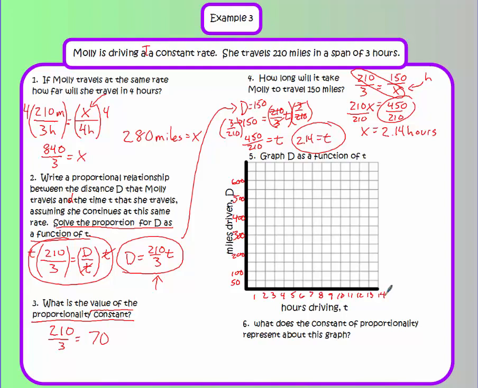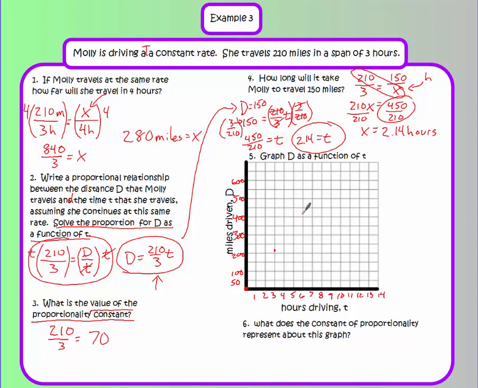All right, so how can we graph this? We can do it the easy way. If I go 3 hours, I've gone 210 miles, so somewhere like that. Starting, if I've gone no time, I've gone no miles. Then go up again 210, so it'd be at 420 and over 3.